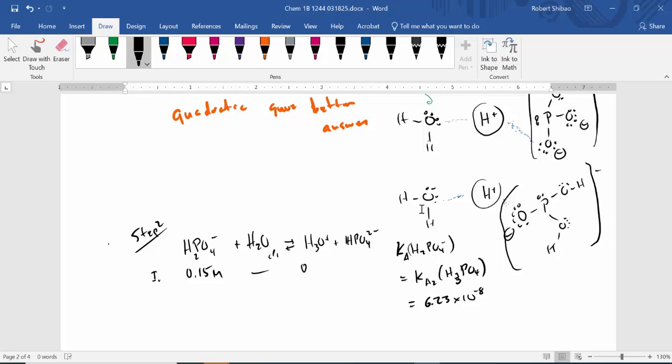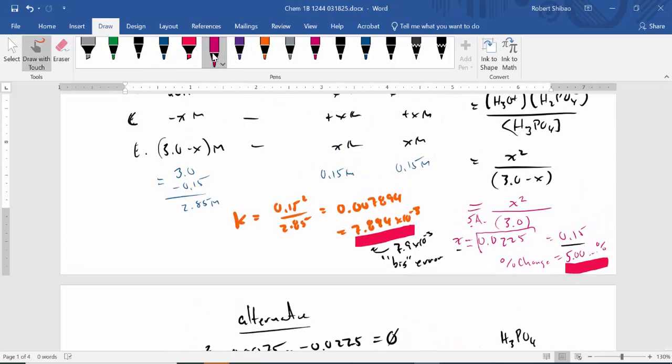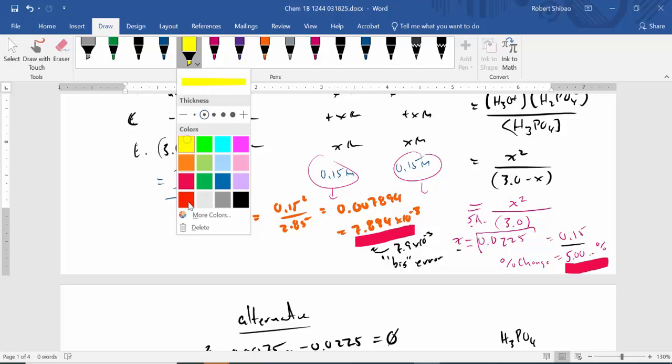H3O plus. That's 0.15 molar, and so we're going to bring that one down too. And so what we do is we take the common ion from here, and we're going to drop it down. H3PO4 is not common, and so it ends there. And so H3PO4 stops here.